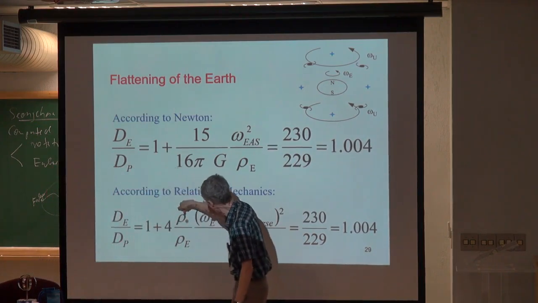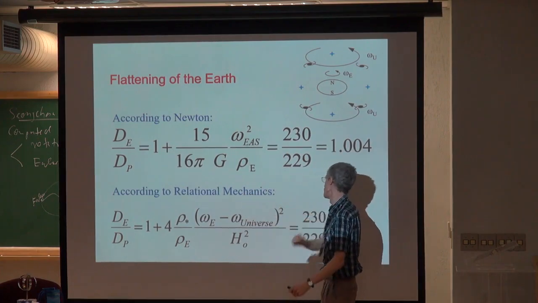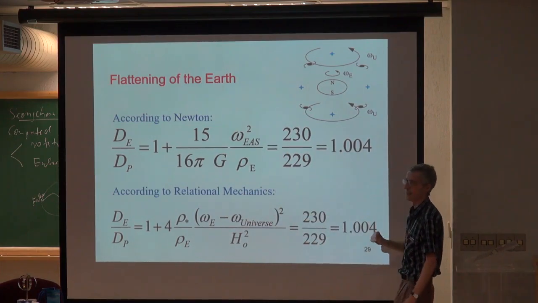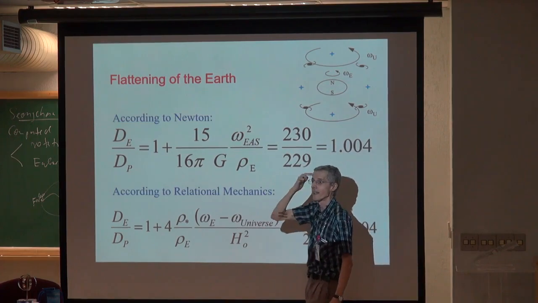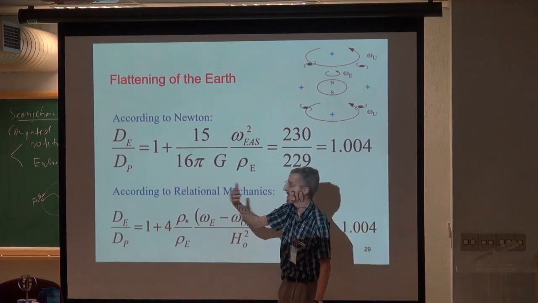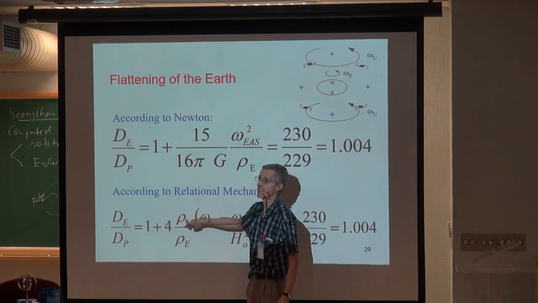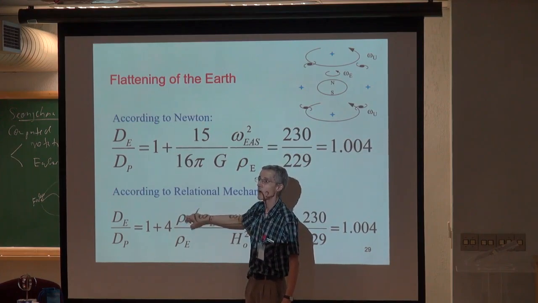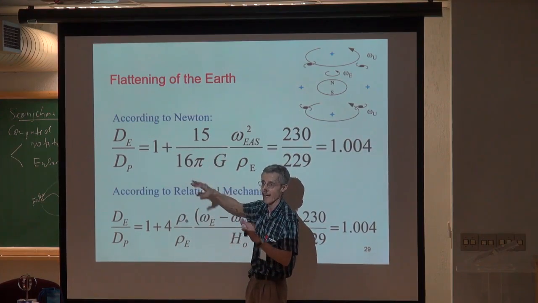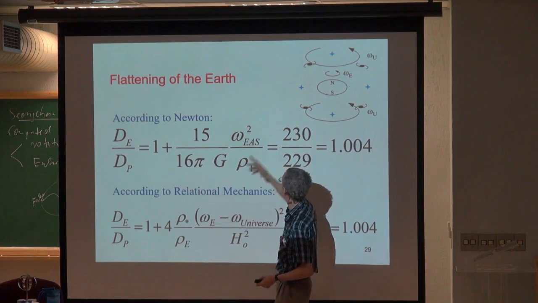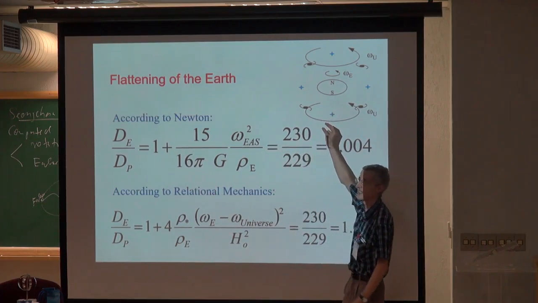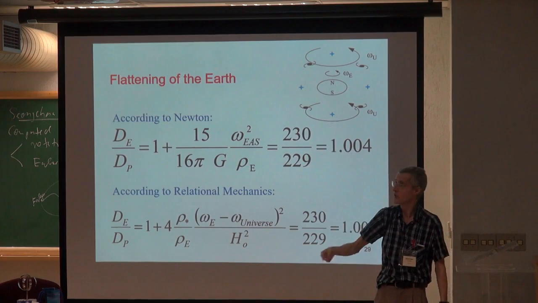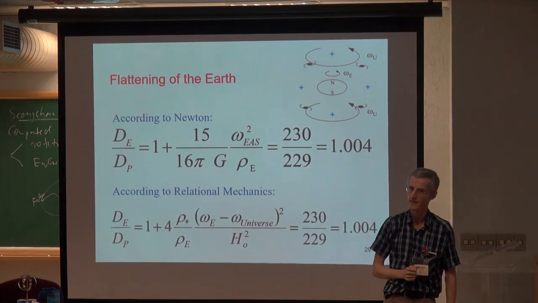When you put that number here and the known value of the Hubble constant, you obtain this result here. But now I can, in my thought, make it half as dense. When I decrease the number of stars and galaxies by half, the amount of flattening decreases. Instead of 0.4%, it will be 0.2%.